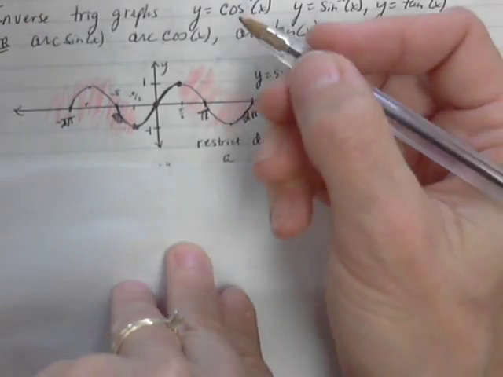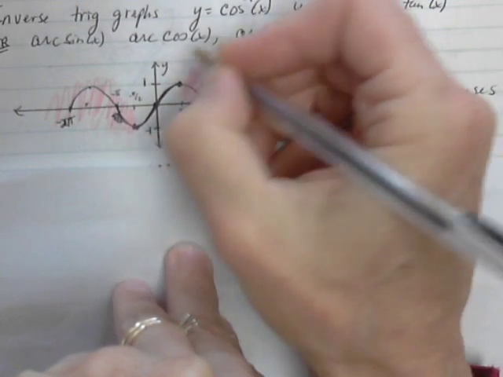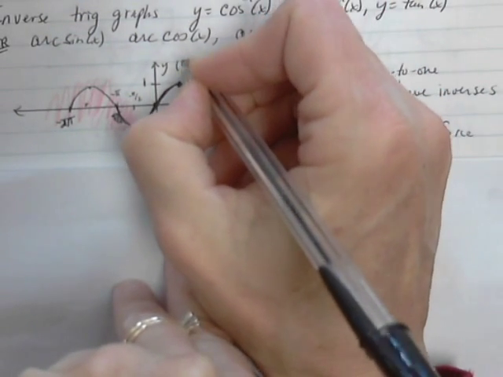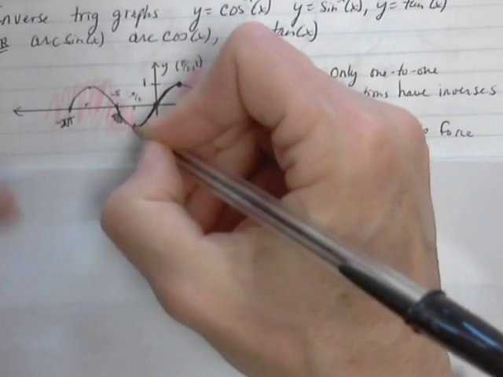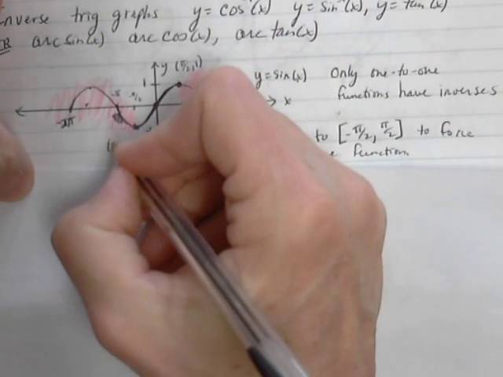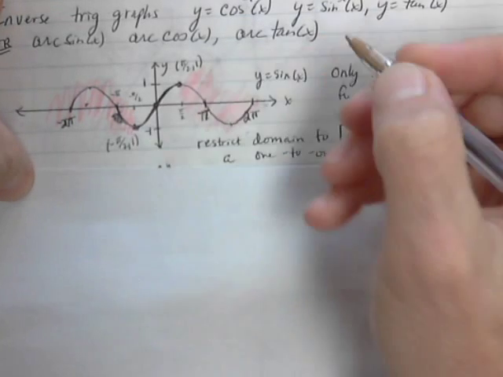An inverse function is simply just switching all of the x and y coordinates. So this coordinate right here is pi over 2, 1. This one is 0, 0. And this point down here is negative pi over 2, -1.